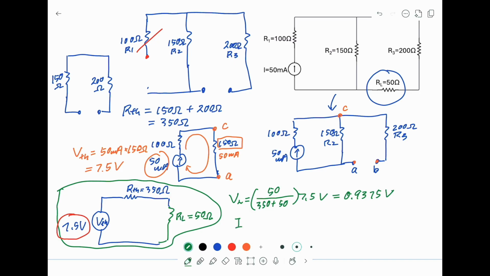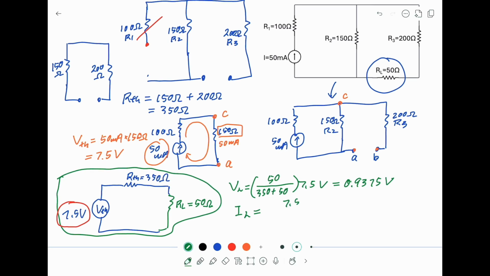And the current across the load resistor can be calculated using Ohm's law, 7.5 volt over 350 ohm plus 50 ohm. And you will find this is equal to 18.75 milliamp.